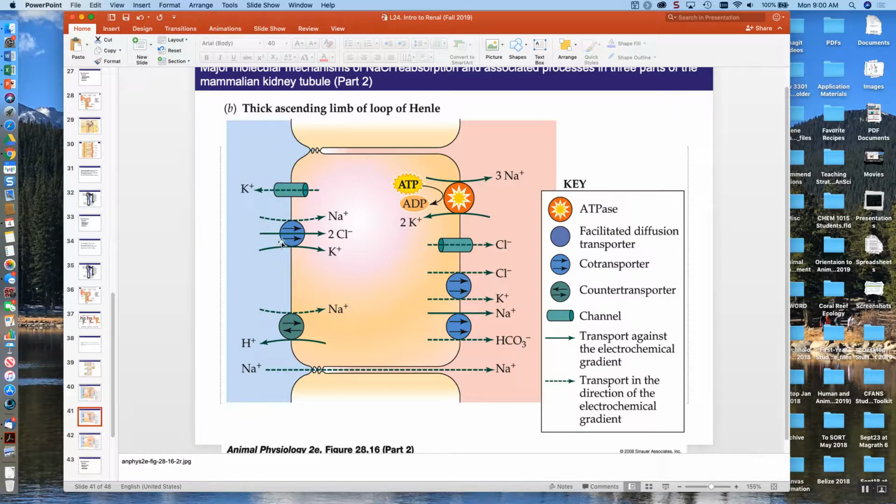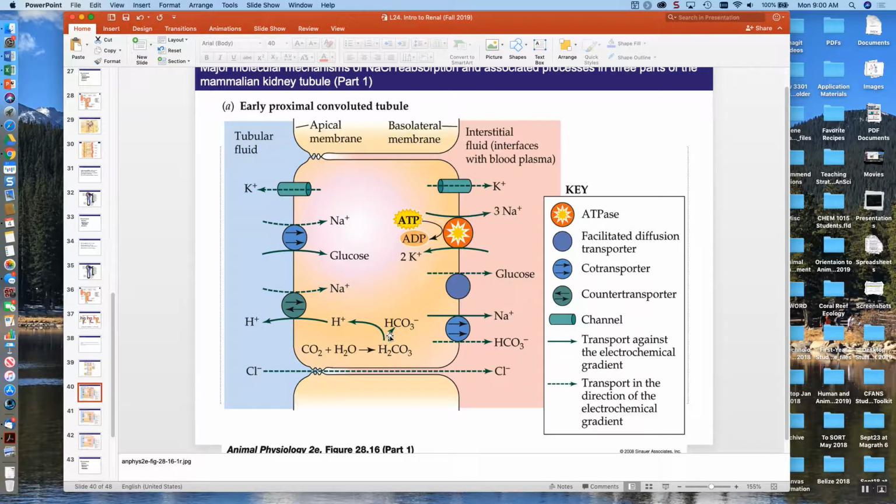All right, so we're pulling a lot of salt out. Sodium, 2 chloride, potassium enter into the cell. It is transported across the basolateral side by different chloride channels, potassium chloride cotransporter, and again, the sodium bicarbonate cotransporter. What you don't have here is the exact same reaction that we talked about before.